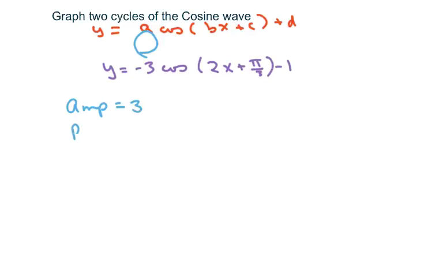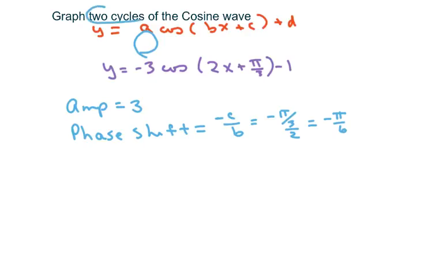Your phase shift equals negative c over b, which will be negative pi over 3 divided by 2, which is negative pi over 6. And when graphing 2 cycles here, this is going to be the midpoint between the 2 cycles if you go left and right. So I call this the starting point.